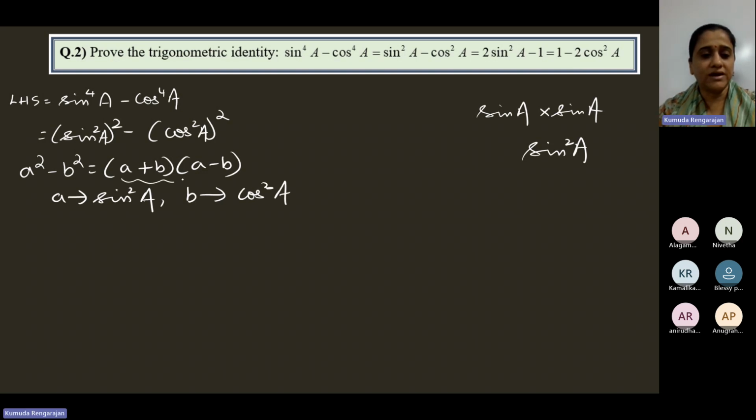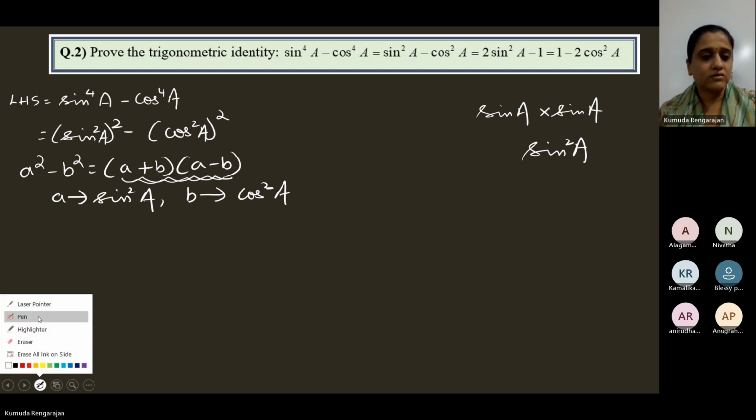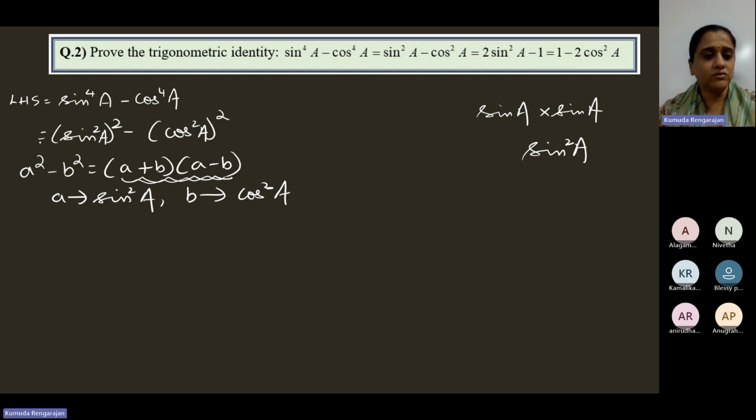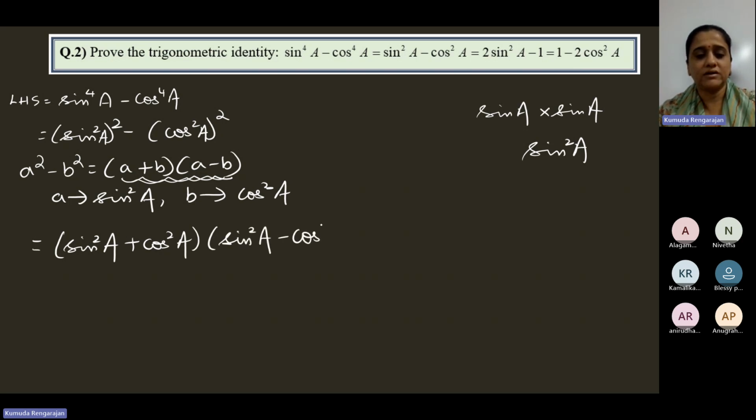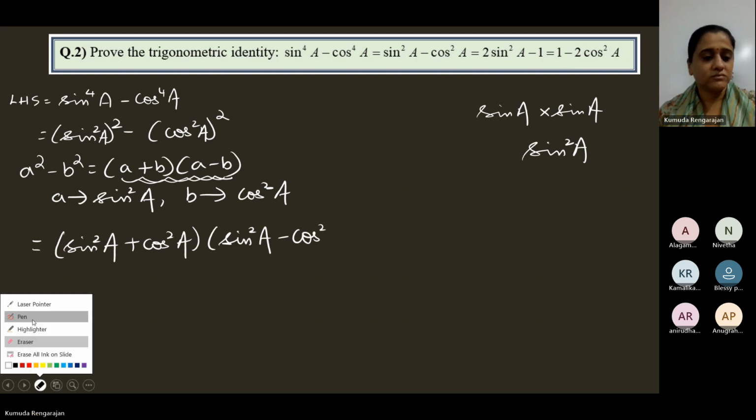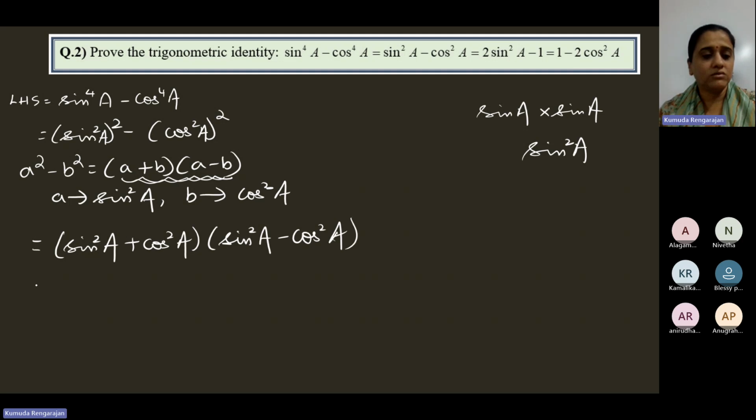Now in this identity, where we have A and B, you need to write sine square A and cos square A. So we continue: sine square A plus cos square A into sine square A minus cos square A. Now, sine square A plus cos square A is 1.